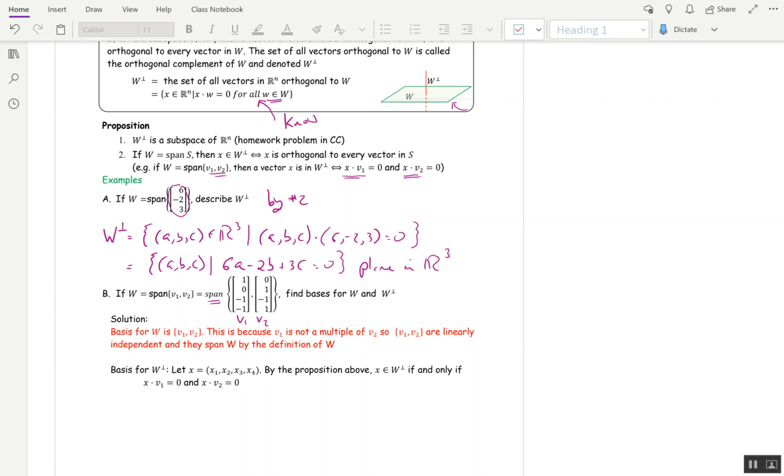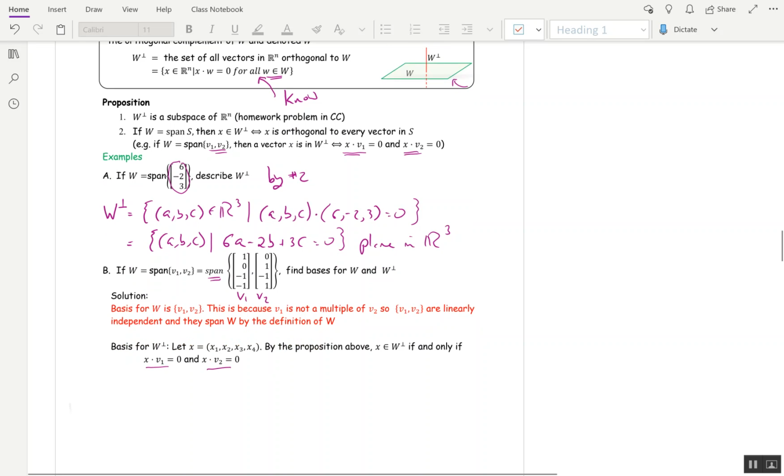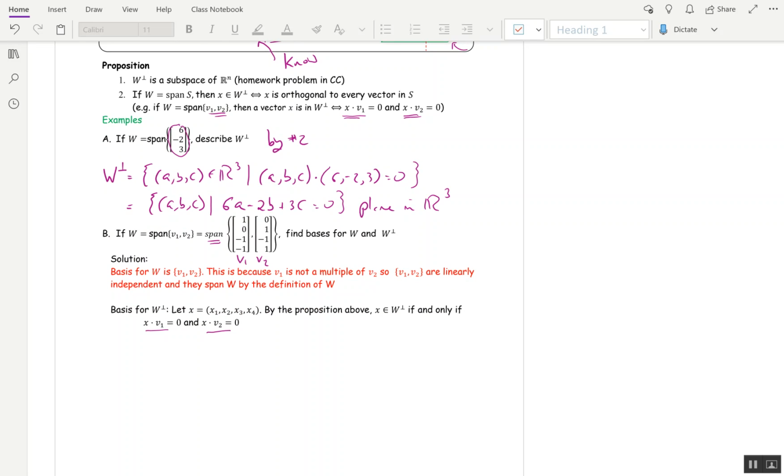So W is spanned by two vectors. By the proposition above, we only need to find vectors x such that x dot v1 is 0 and x dot v2 is 0. So let's write that out as equations. So x dot v1, if x is (x1, x2, x3, x4), x dot v1 is x1 minus x3 minus x4.